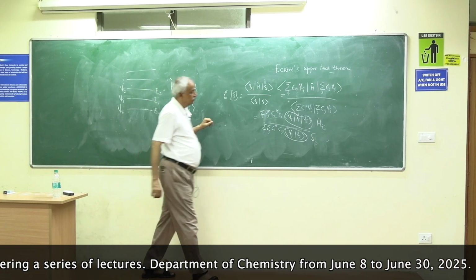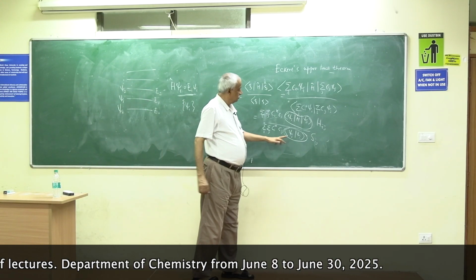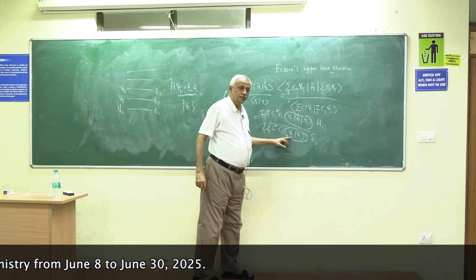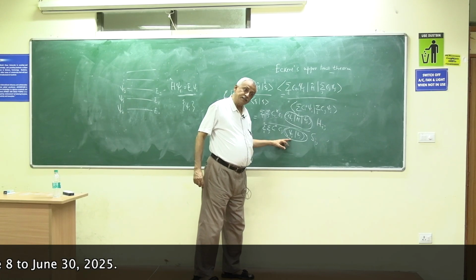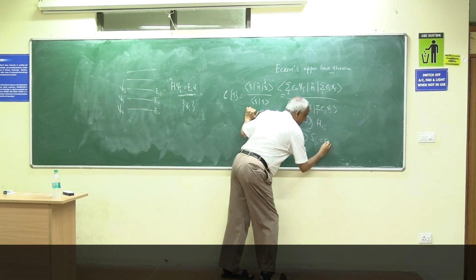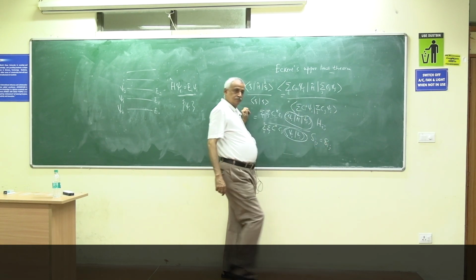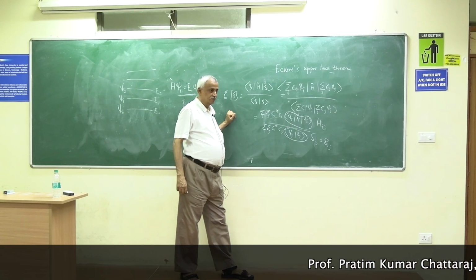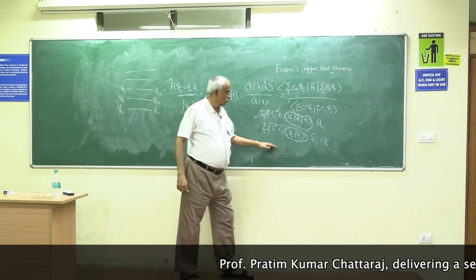Now we also know that this basis set is an orthonormal basis set. That means this quantity is nothing but your Kronecker delta ij. Isn't it? Because it's an orthonormal basis. What about Hij?